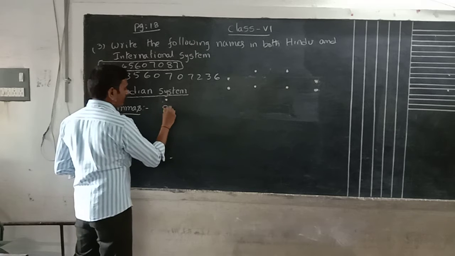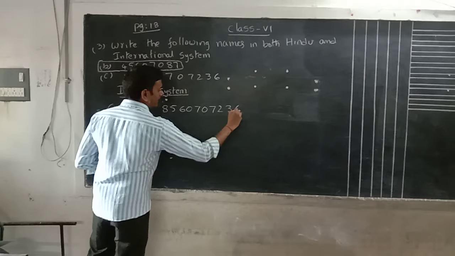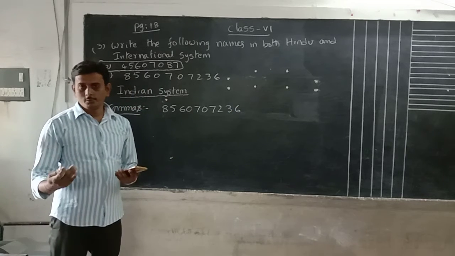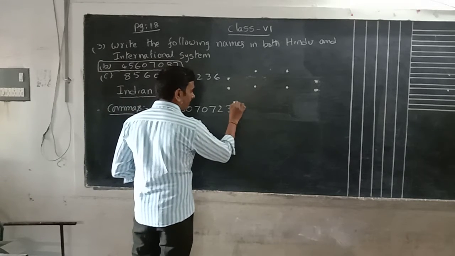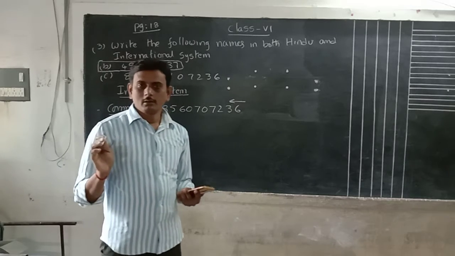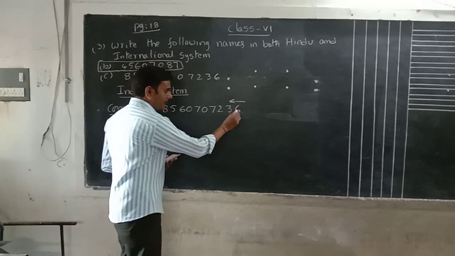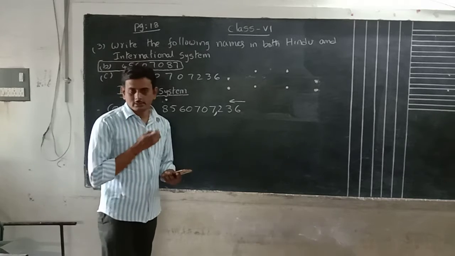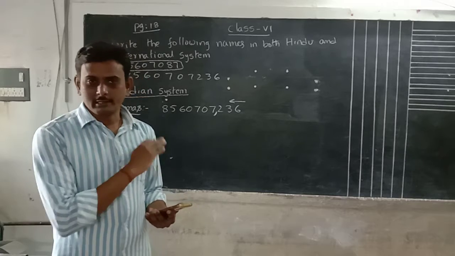When a number is given to you, copy that number here. Already we know in any system where we have to use commas, from the right side. In the Indian system, the first comma is placed after 3 digits from the right side.